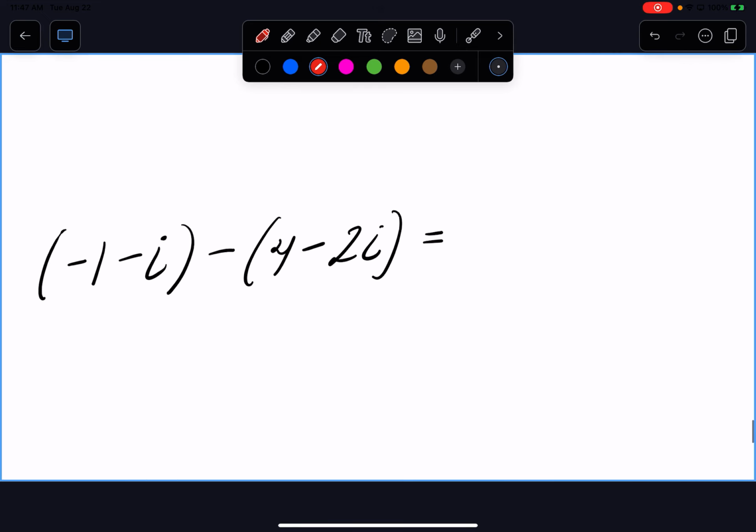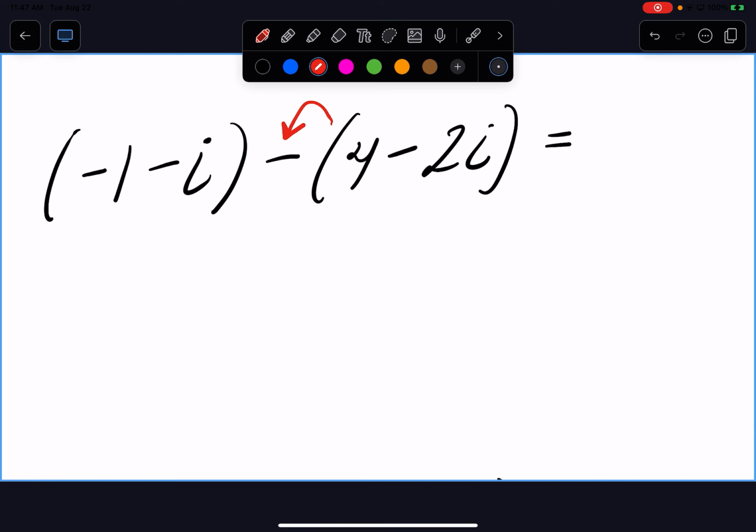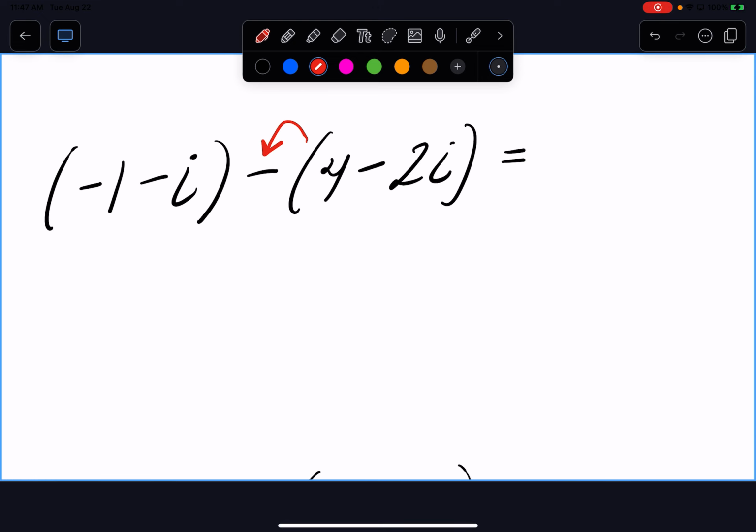Now just be careful with subtraction. Everybody look right here. Now, this is a subtraction problem. There's many ways to think through a subtraction problem. We usually recommend that you take that negative and distribute it through to what is being multiplied with the negative 1. Now look, I'm going to write my negative 1 right here. What is the negative 1 being multiplied to? 4 and negative 2i. True, everybody? So this didn't change.